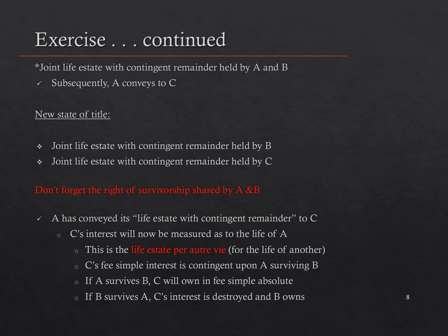And this is the so-called life estate per autre vie, which means for the life of another. So C's fee simple interest is contingent upon A surviving B. You have to remember the original deed, the original creation of the right of survivorship was between A and B. So again, C's fee simple interest is contingent upon A surviving B. If A survives B, C will own in fee simple absolute.